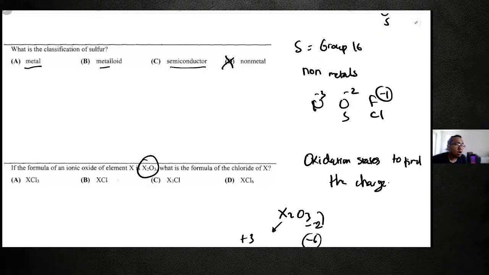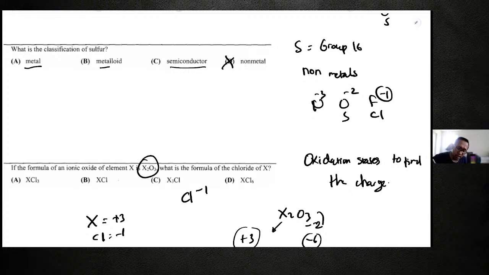Now find the chloride. Chloride itself is -1. So based on this information, X has a charge of +3, while Cl is -1.